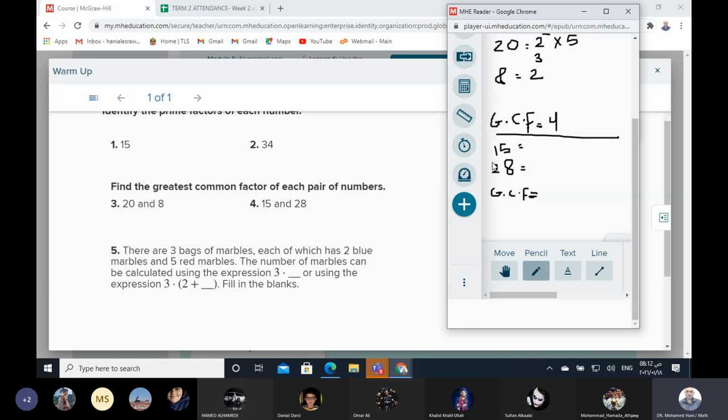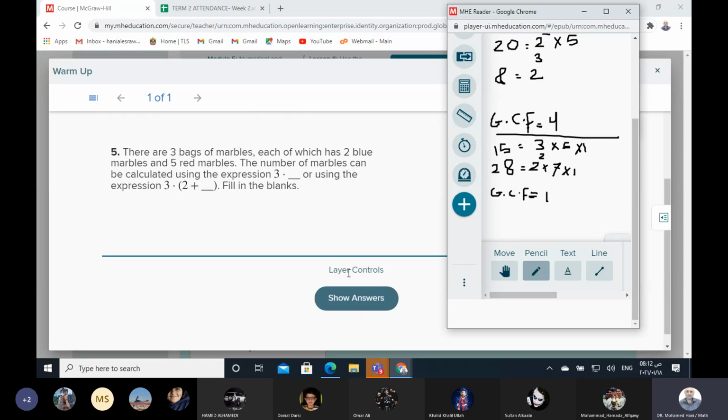Excellent, Khalid. Thank you. So 15 equals 3 times 5 and 28 equals 4 times 7, which means 2 exponent 2 times 7. As you see here, there are no common factors, just 1. So we can write here the GCF equals 1.